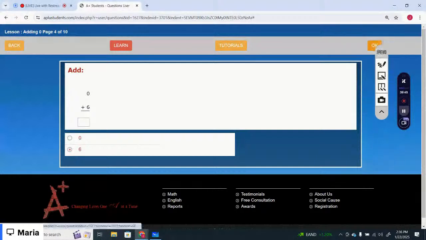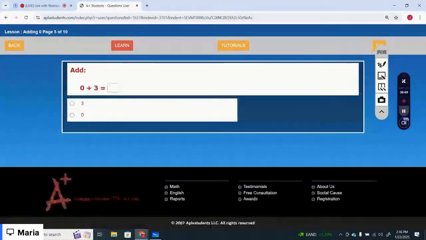Option number 2 is the correct option. 0 plus 3 makes 3. Option number 1 is the correct option.